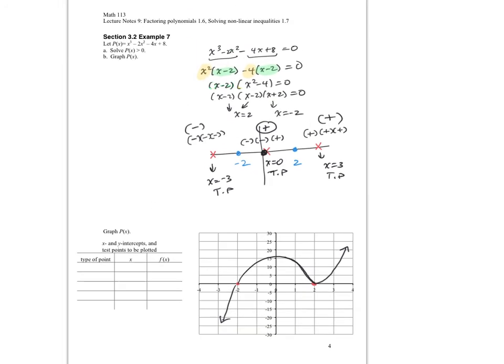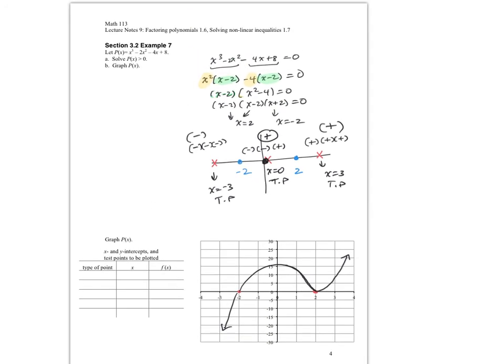Okay. So now the question is asking for part A, where is this positive? Well, positive, not including 0, is this part, and also this part. So here you have to be careful how you write it because it's not asking for greater than or equal to 0.